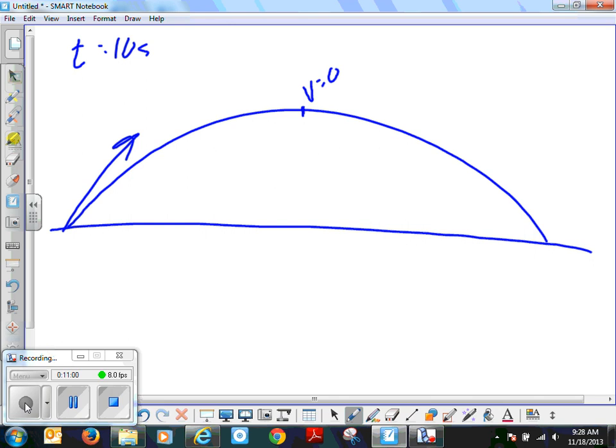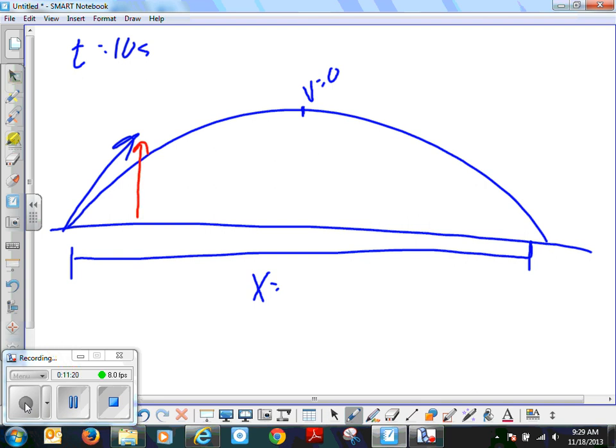In the end, what I'm going to want to know is how far in the x direction it will be. But the first thing that you have to know, and I'll ask you to figure out, is the vertical velocity, horizontal velocity. I'll ask you to figure out the height, and then finally the distance.